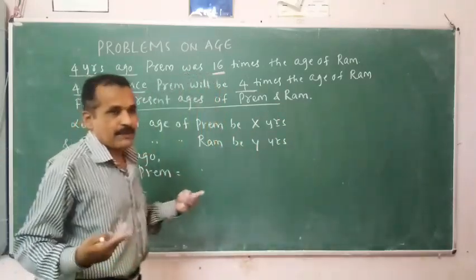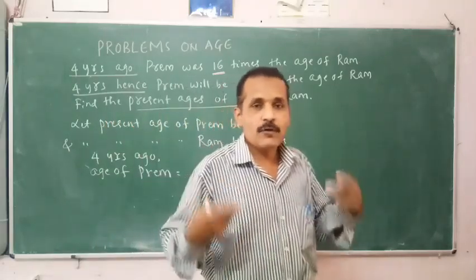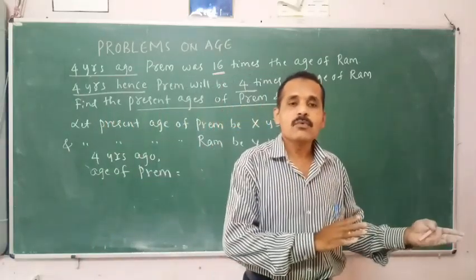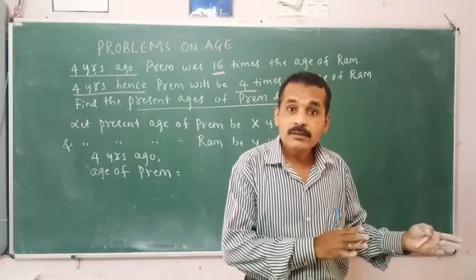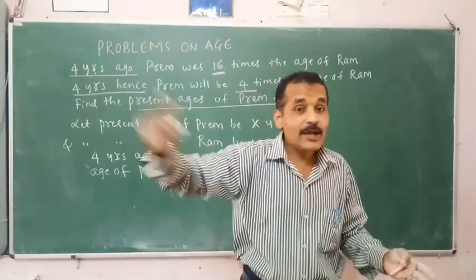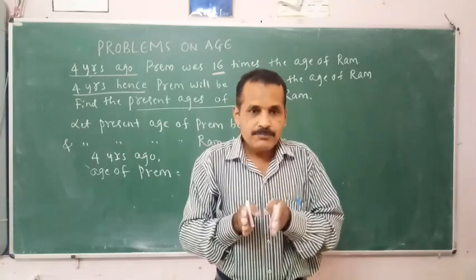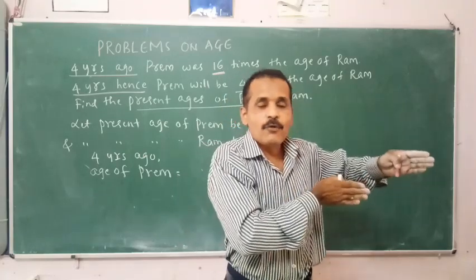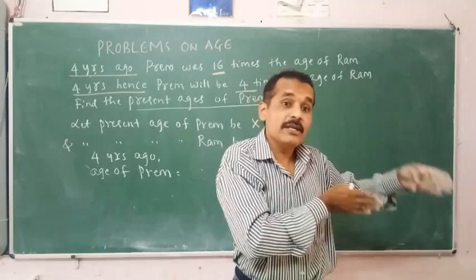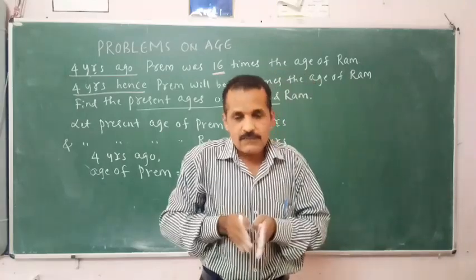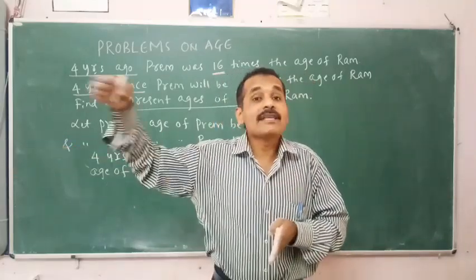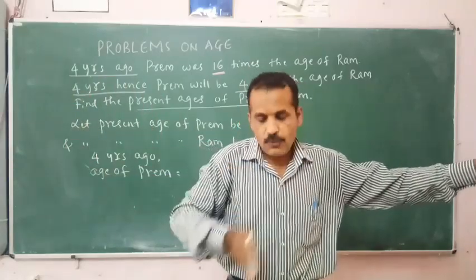Now, if I take my age, now I am 45. 4 years ago, I was 41. And 4 years hence, I will be 49. I will calculate from the present. Now I am 45. If I go back 4 years, I was 41 years old, and if I go to the future, I will be 49 years old. 4 years ago, 4 years hence.